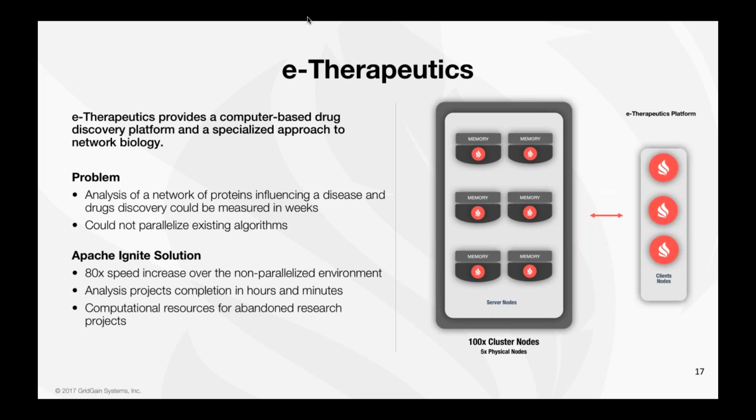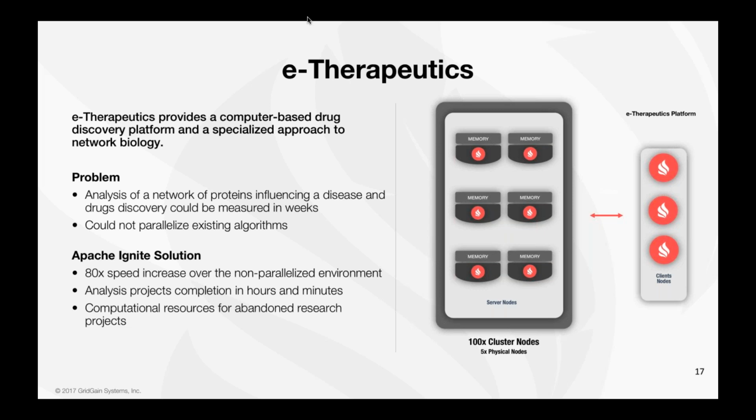The other thing in terms of the solution that Ignite offered was that because it can use the processing power of the cluster, all of the resources available to hand, it can provide significant speed up. In this case, nearly 2 orders of magnitude faster than the existing architecture they were using.